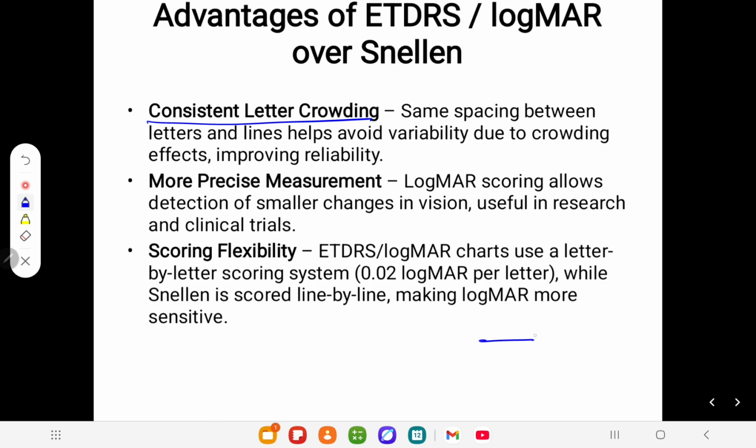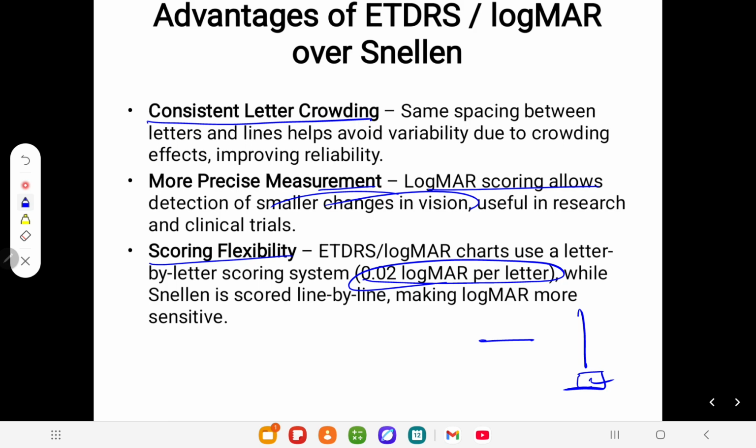There is always consistent letter crowding. As I have said, horizontally equal to the size of the letter, vertically equal to the size of the lower letter. It's more precise in measurement because it allows small changes in vision, because every letter counts. Scoring flexibility, because 0.02 for each letter.